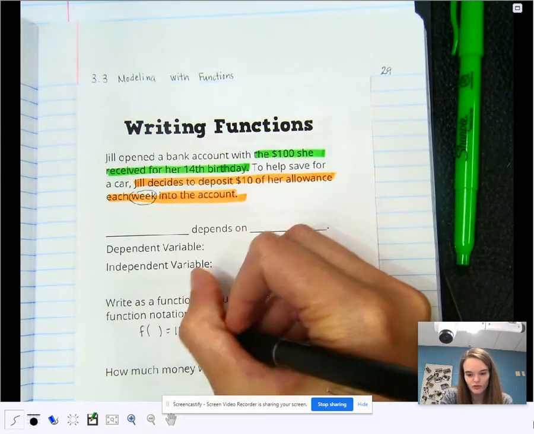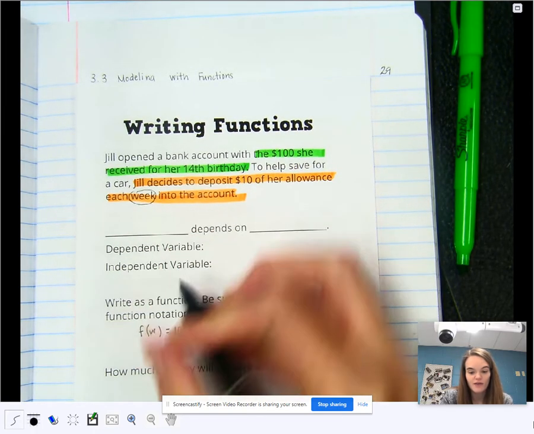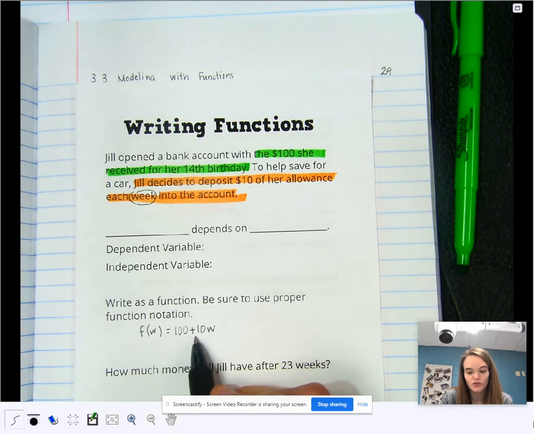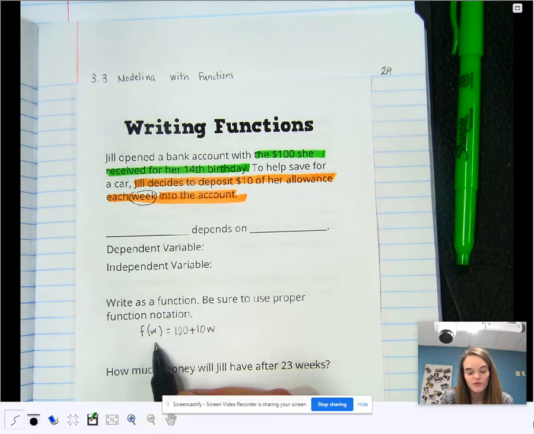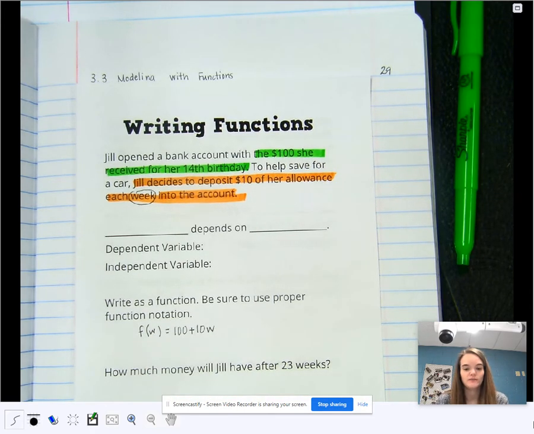I'm going to use the variable W to represent week. Whatever variable I choose here goes right here. F of W equals 100 plus 10W. That means the function of W is equal to this equation here. This is my function.